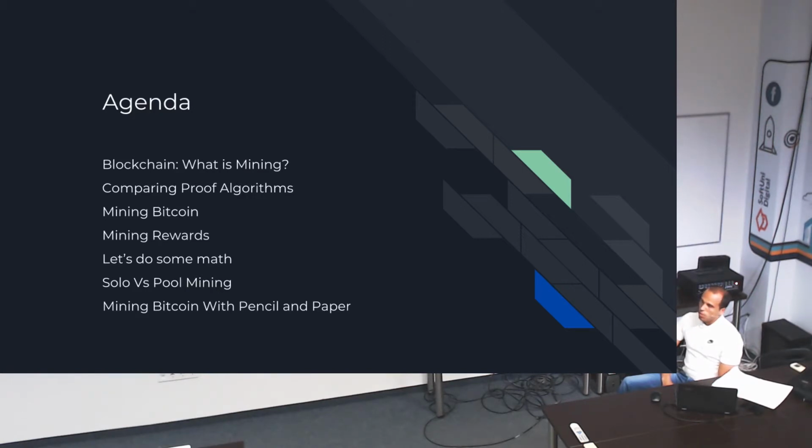We're going to do some math by calculating the maximum amount of Bitcoins that are going to be available in, let's say, 20 years, something like this. We're going to see what is solo versus pool mining. Do we have a chance to mine solo, or we have to take the pool mining as an option?